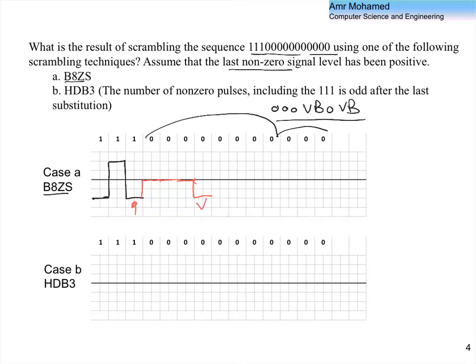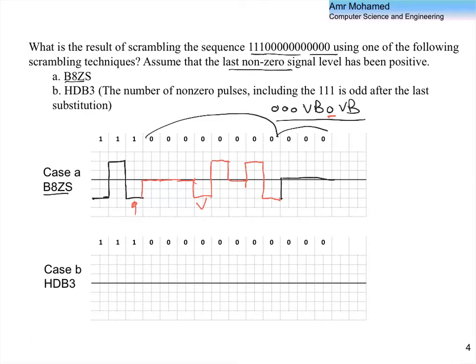So this is V. And then after V we have bipolar, and then we have 0, and then we have violation again. And then we have bipolar, and that's it. So we finish substituting the 8 zeros. Now we have another 3 consecutive zeros. What do we do with those? Just normal. We go back to the normal sequence, because they are not 8 consecutive zeros, so we don't have to do any substitution in that case.